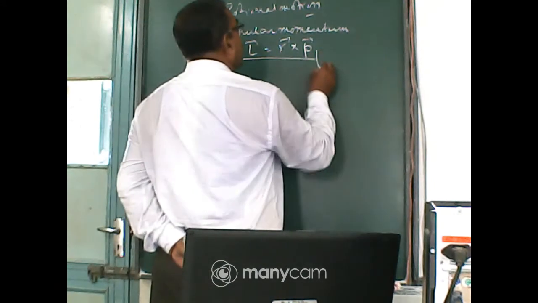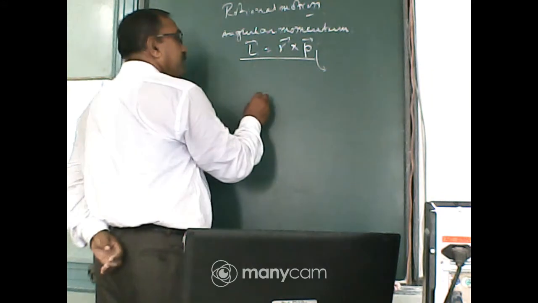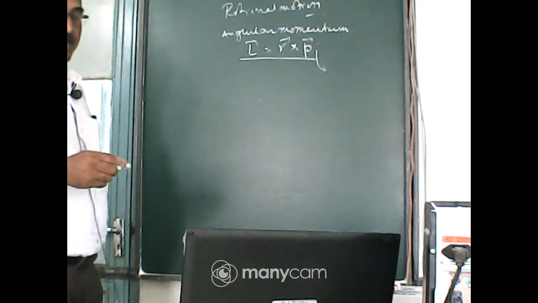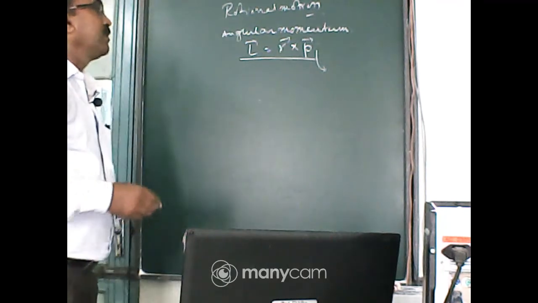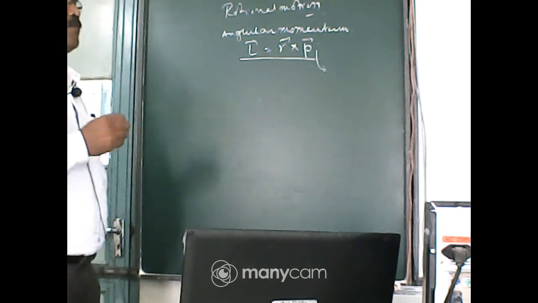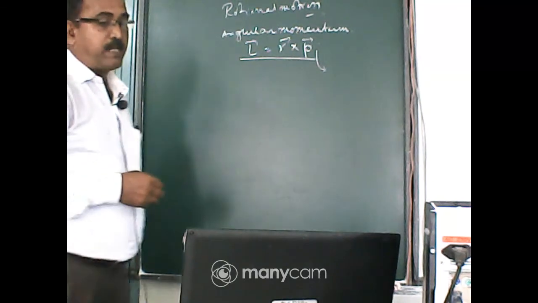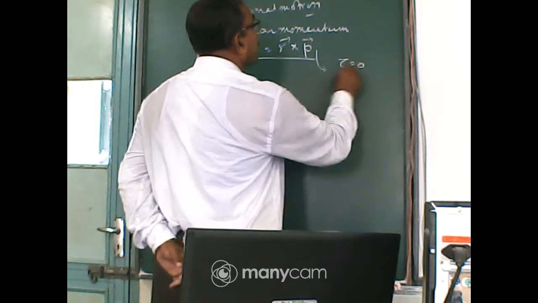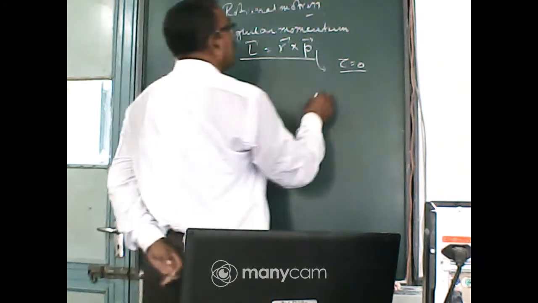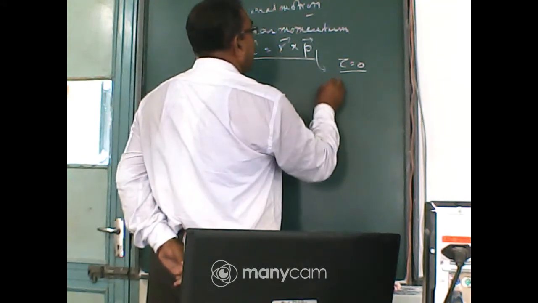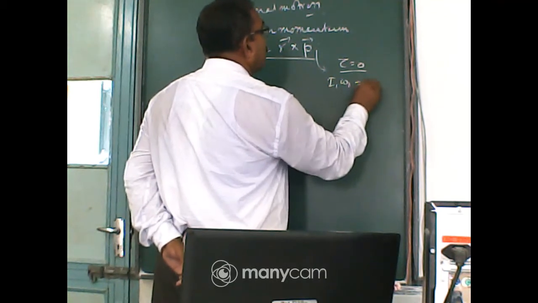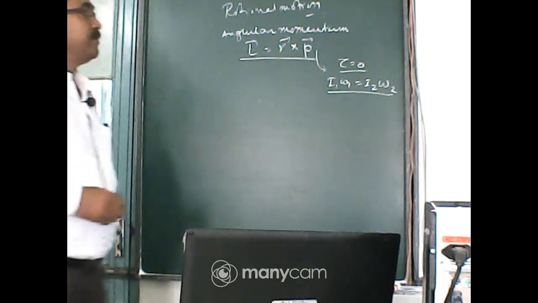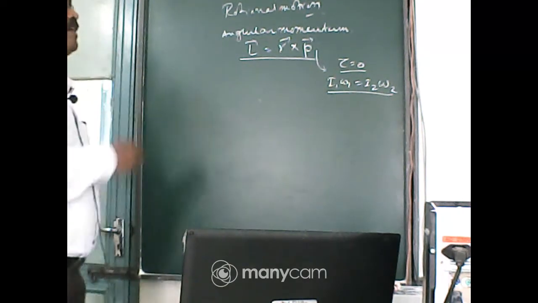So conservation of angular momentum: if the torque is not applied on the system, means in the absence of torque, the angular momentum must be constant, means conserved. If tau equal to 0, torque equal to 0, then I1 omega 1 equal to I2 omega 2, because you know it, this is the conservation of angular momentum.